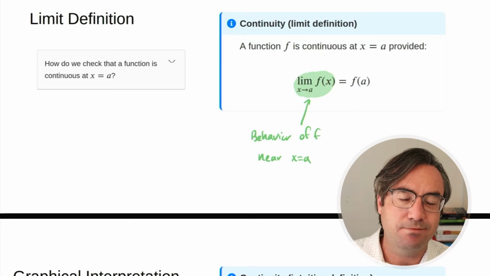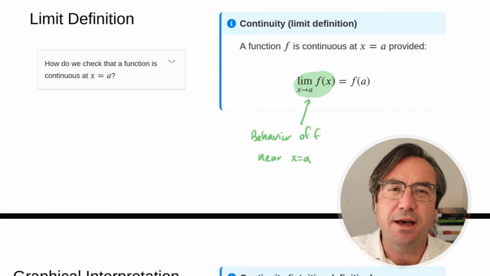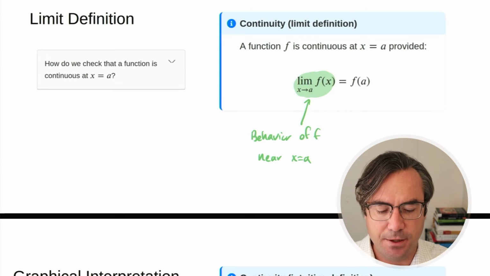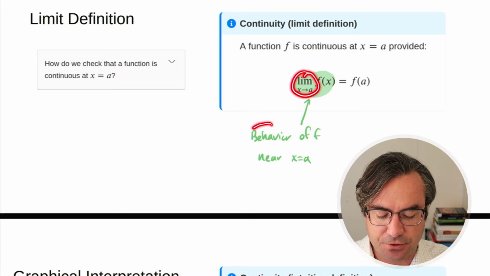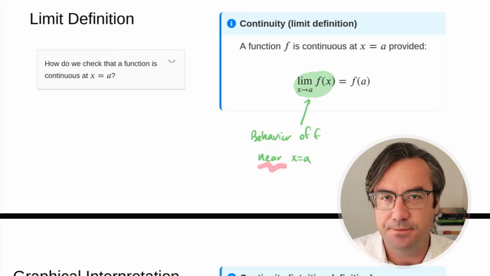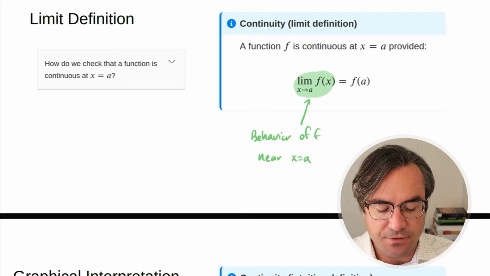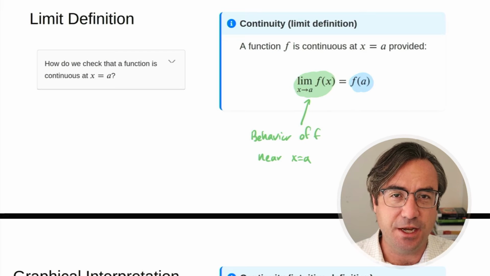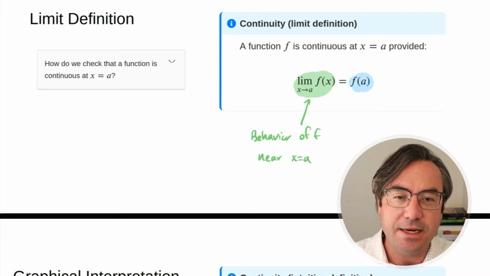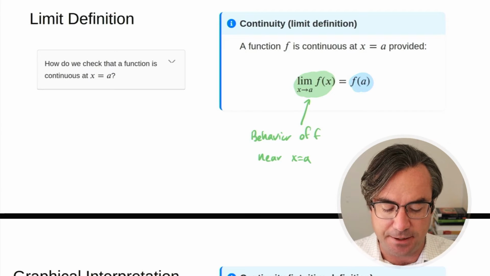We've seen graphically, if we're doing a limit, we look a little bit to the left, we look a little bit to the right, and we see if they match up. So the limit process is describing the behavior of our function near x equals a, a little bit to the left, a little bit to the right. What the function value f of a does is look at the behavior of our function not near x equals a, but what's going on directly at x equals a.